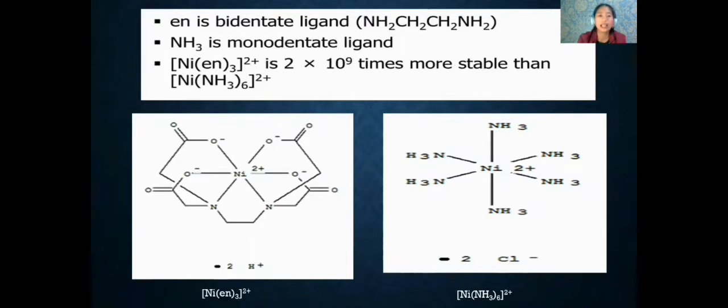So the complex that has the ligand ethylenediamine is 2 times 10 raised to the 9th power more stable than the complex with the ammonia ligand.